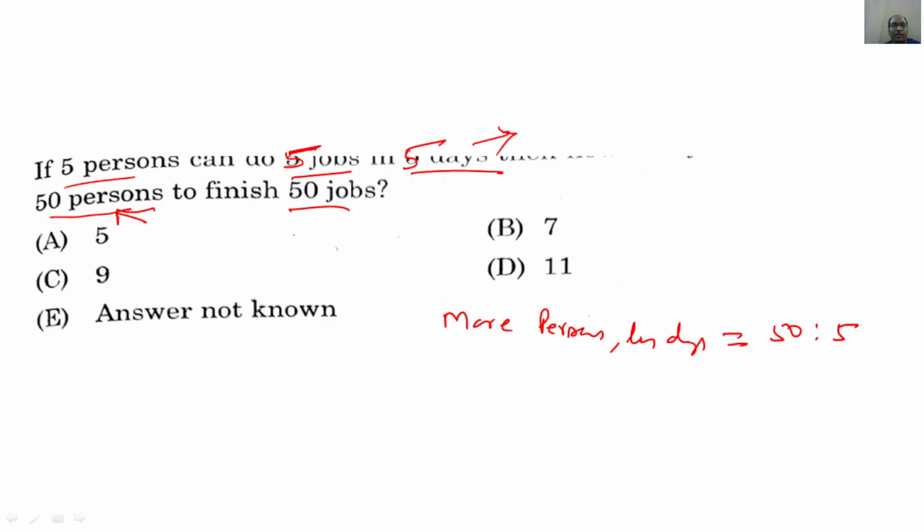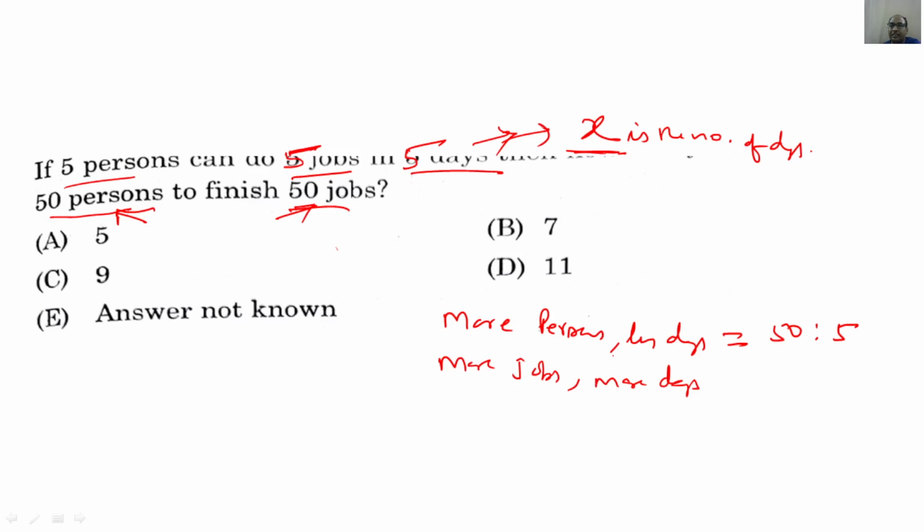Now more jobs, naturally more days will be taken. So now suppose X is the number of days that will be taken by 50 persons to finish 50 jobs.